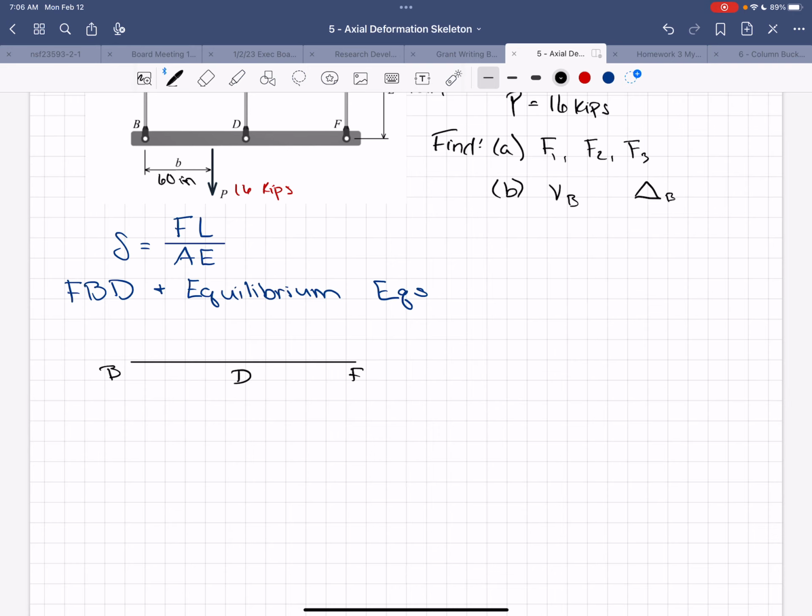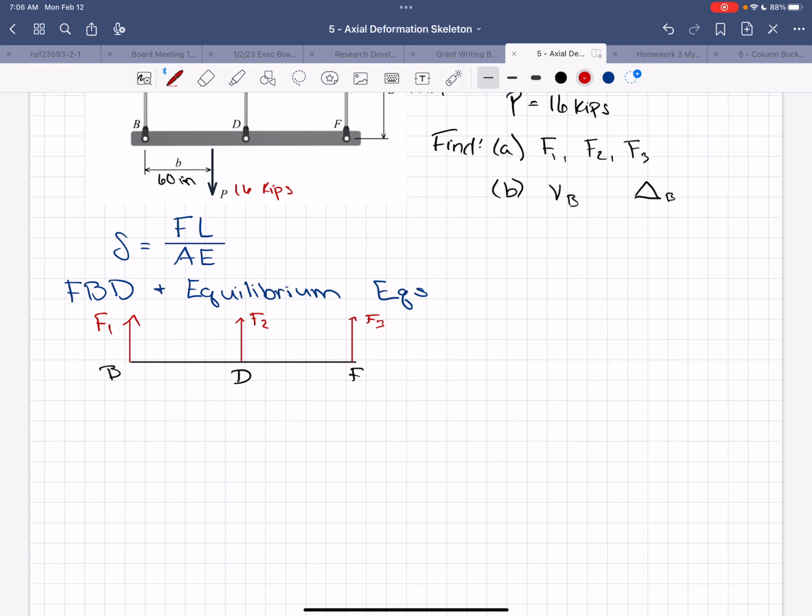Okay, and then at B, we have F1. At D, we have F2, and at F, we have F3.